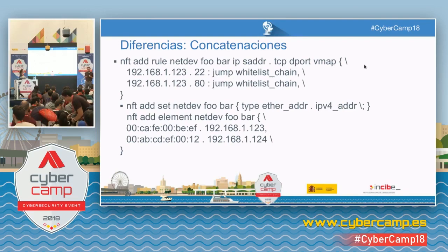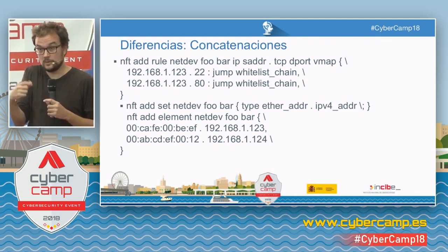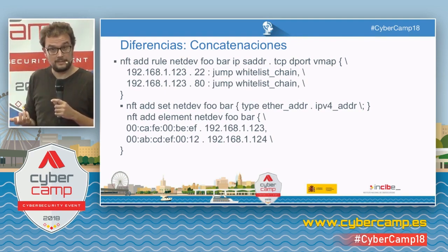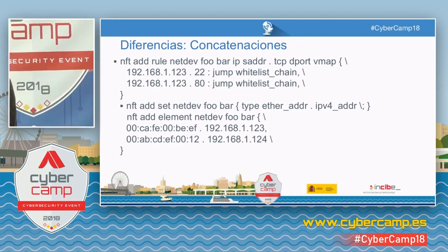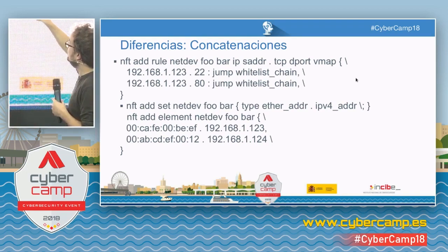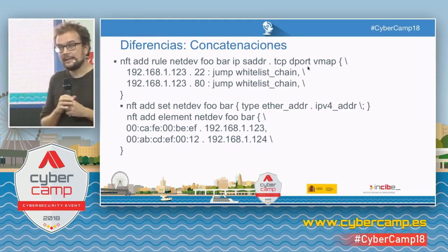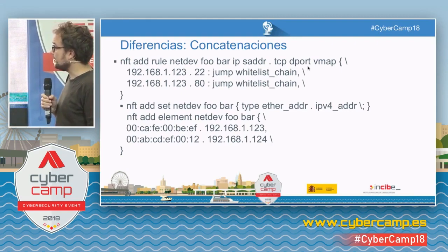Another novelty has to do with concatenations that can be done on any meta information that's generated. So we can configure and set the selectors for chaining. You can see there with the ports.